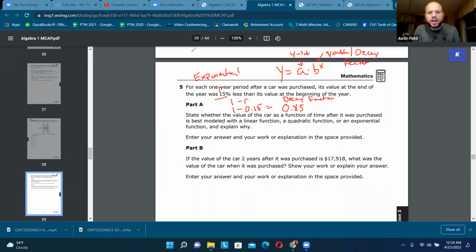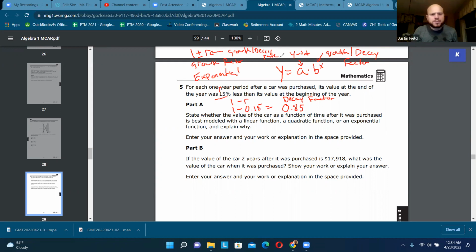And 1 plus or minus R is the growth factor, but R is called the growth or decay rate. So make sure you know what you got.